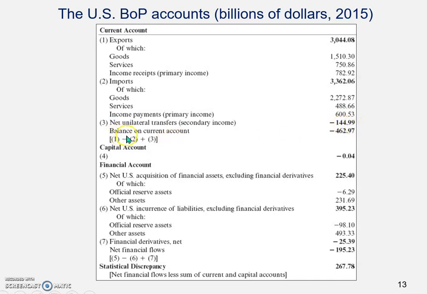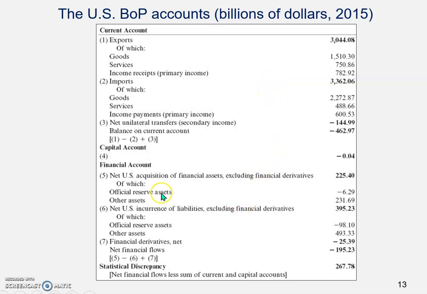So when we figure out the balance on the current account, it's going to be the two credit items, number one and number three. We add them together and minus the debit here, which would be the imports. In this case, we find it's minus $462.97 billion.